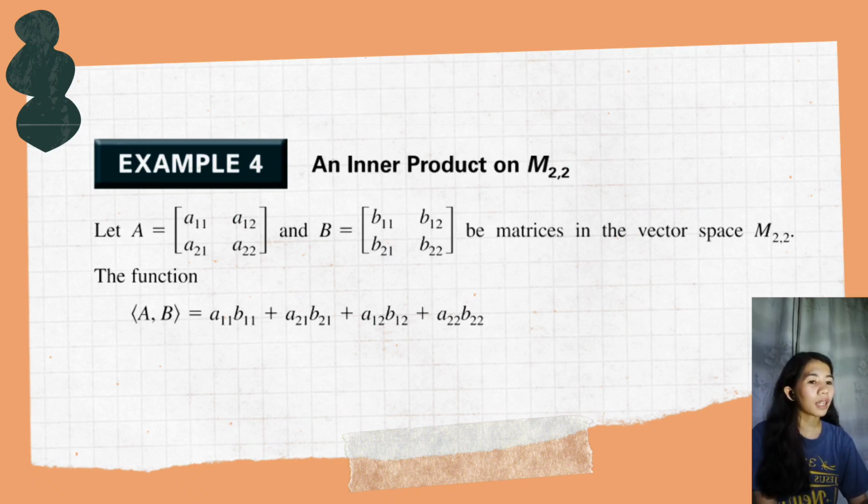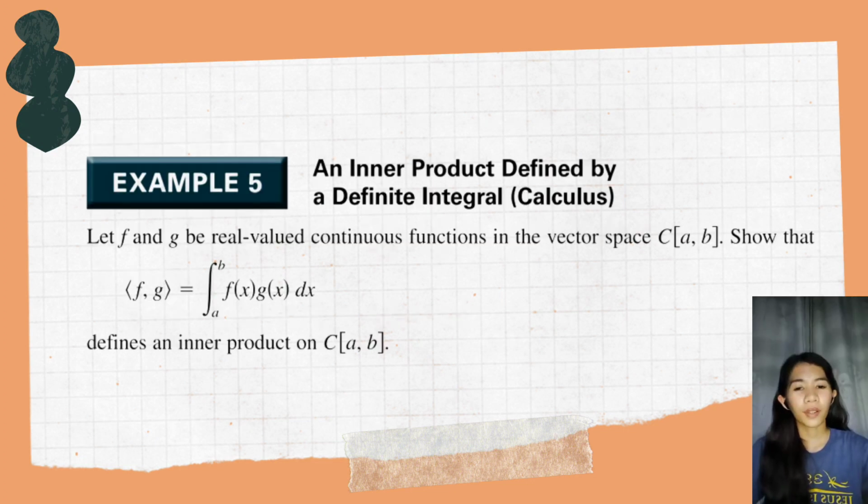So that's it. And for our fifth example, we will look at whether functions can be inner product spaces. In our example number 5, let f and g be real-valued continuous functions in the vector space of continuous functions on the interval a to b.